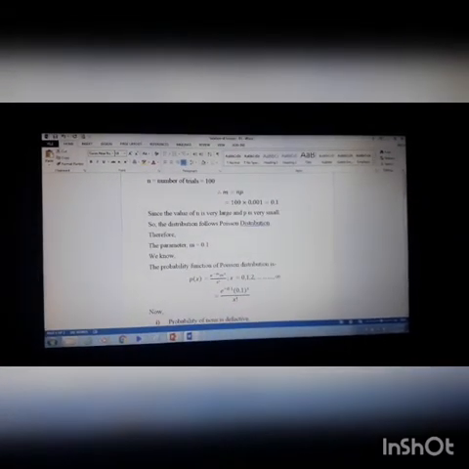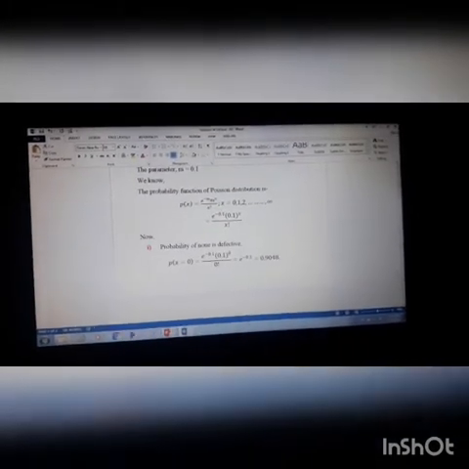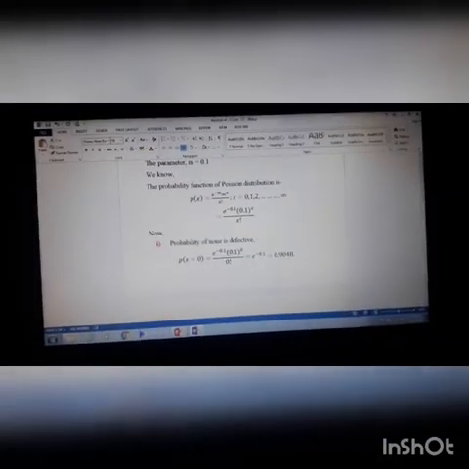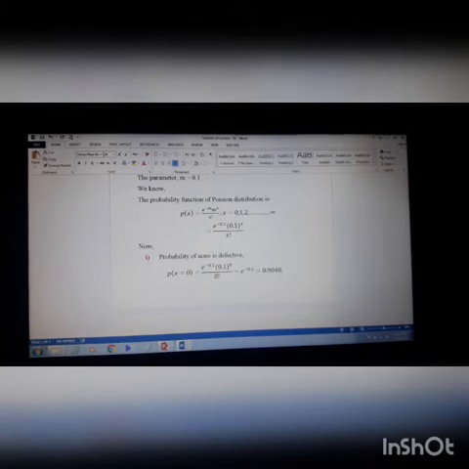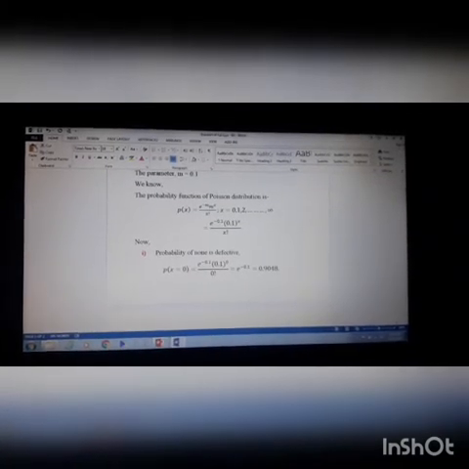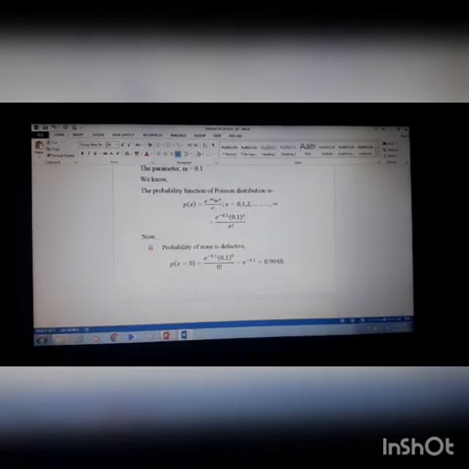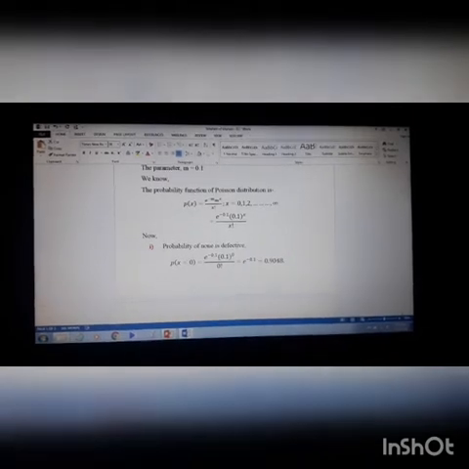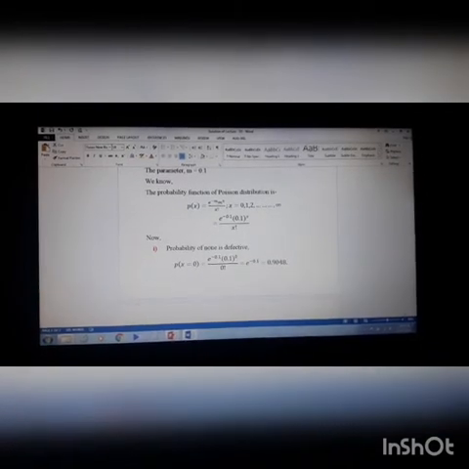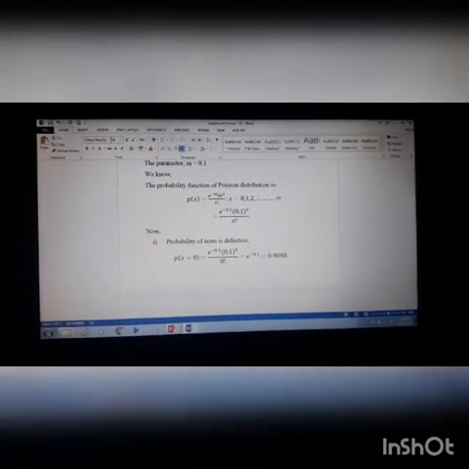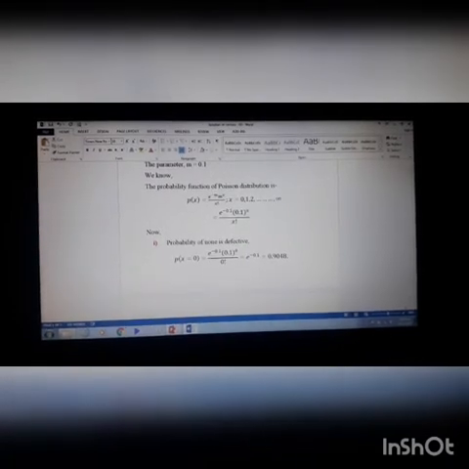Now the first problem is: find the probability that none is defective. None is defective means there is no defective item. So x equal to 0, that is, we have to determine the probability of x equal to 0. Above, we have the probability of x equal to e to the power minus 0.1, 0.1 to the power x, divided by x factorial. Just replacing the value of x with 0, we get p of x equal to 0, which is equal to e to the power minus 0.1 into 0.1 whole to the power 0, divided by 0 factorial.